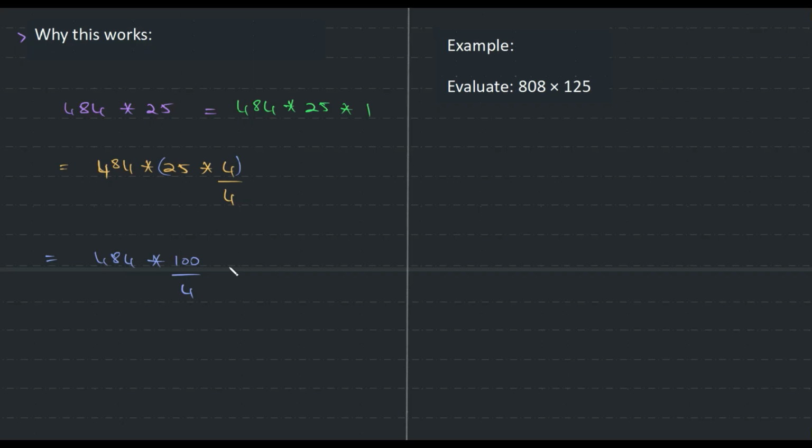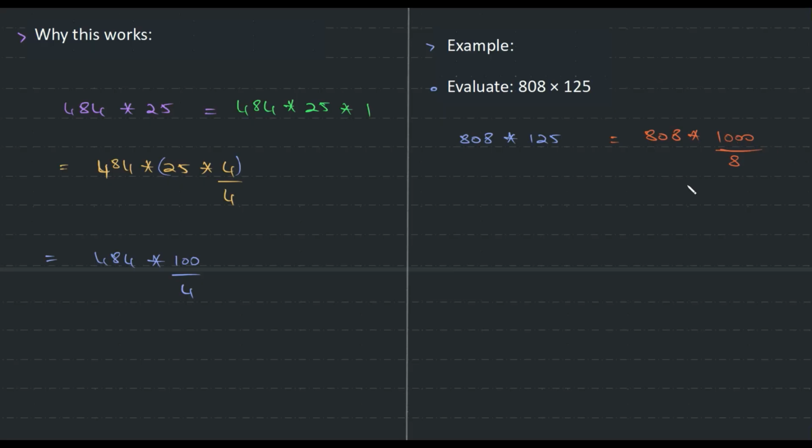Depending on the scenario, example 1 to 5, I will need to multiply with 8. One more example, 808 into 125. 125 can be written as 1000 by 8. 1000 by 2 is 500, 500 by 4 is 125.